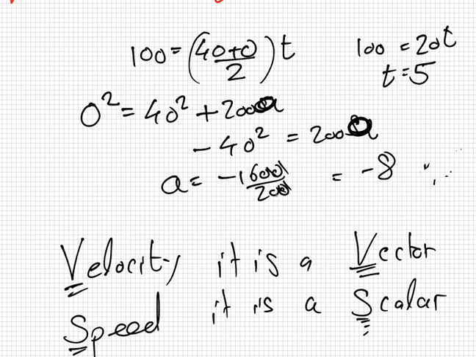I'll pick on you again, Louise. Tell me, what is a vector? Vector is velocity. Yeah. But tell me, what does this word mean? The vector is the direction and length. Yes, direction and length.